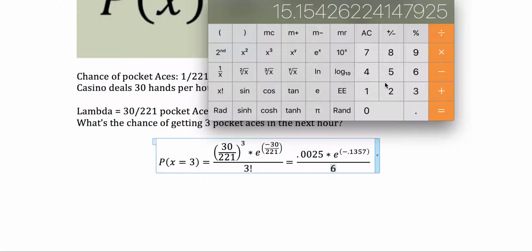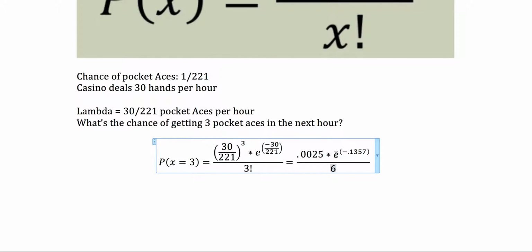What did I do wrong here? Let's clear this again. Let's do 0.1357, minus, e to the x is 0.8731.